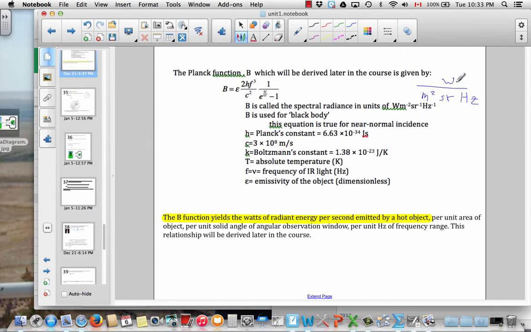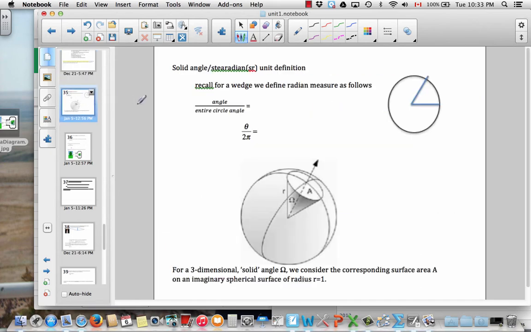Now, we understand energy or power, we understand area, we understand frequency, but what's this unit here, this steradian? Well, it turns out that it's really the three-dimensional equivalent of an angle. For flat angles, for wedges, we defined the angle in radians as a ratio of the arc length to the radius. Now, where that came from is the following idea.